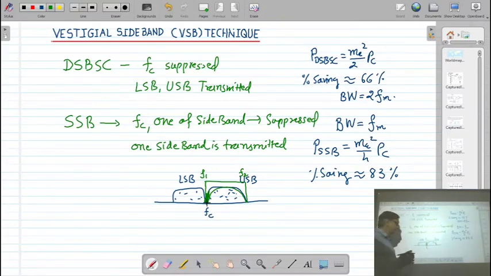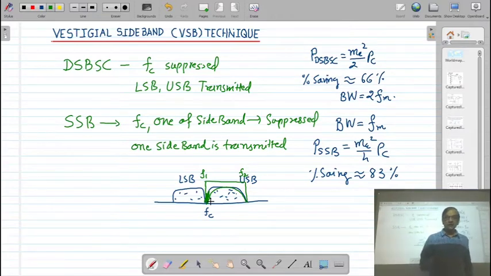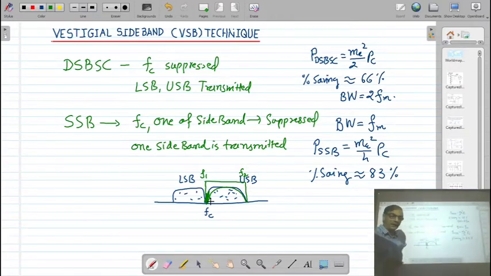Or if you do not have F1 exactly at F3, then what will happen? Some portion of the lower segment frequency is also going to be added with your upper segment. And here it is practically very difficult to design this kind of filter.